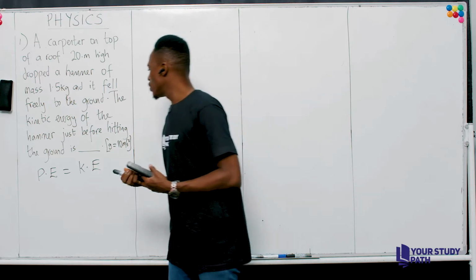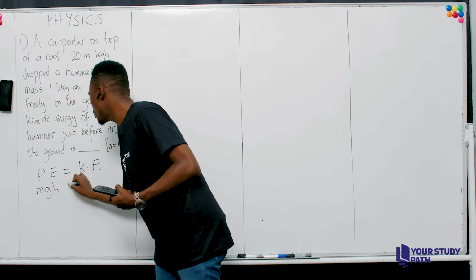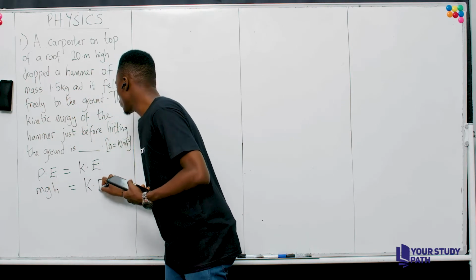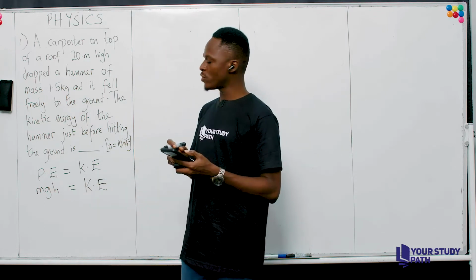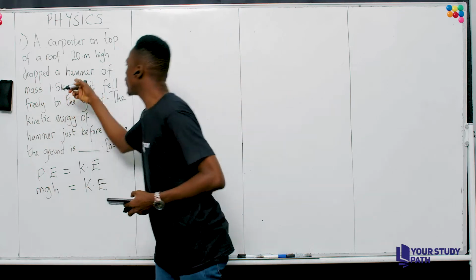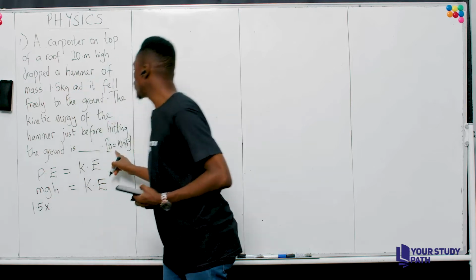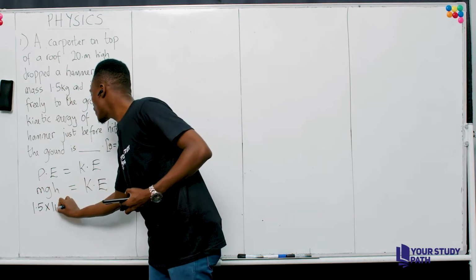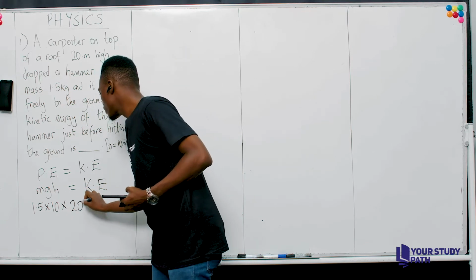As such, having known the formula for potential energy as being mgh, we can relate it to the kinetic energy part. Based on the question presented to us, the mass given is 1.5, acceleration due to gravity being a constant, 10, and the given height, 20.